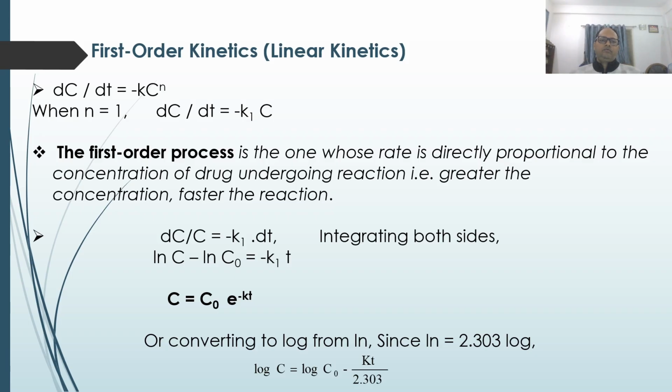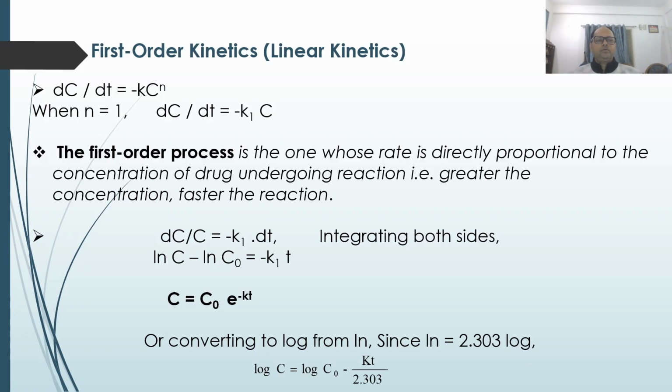Next come to first order kinetics, also called linear kinetics. Zero order kinetics is called constant rate kinetics and first order kinetics is called linear kinetics. Come to the common equation, dC by dt is equal to minus k C to the power n.